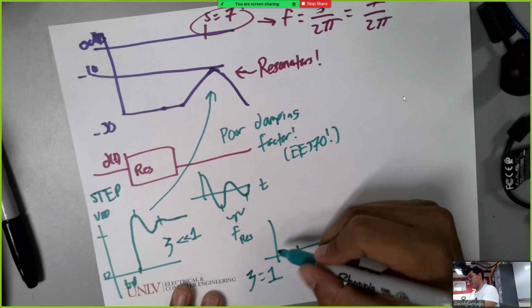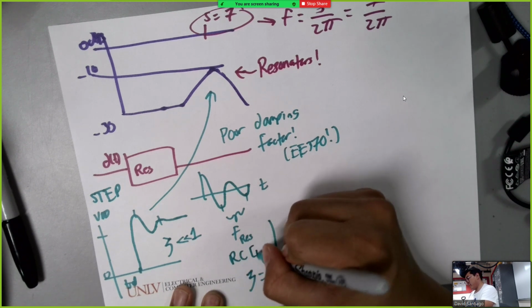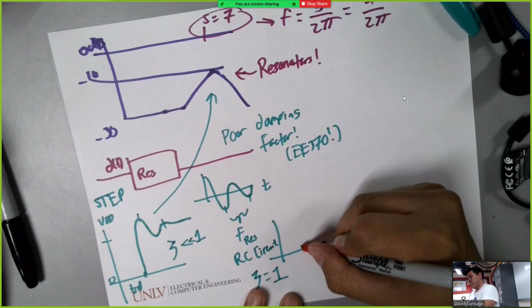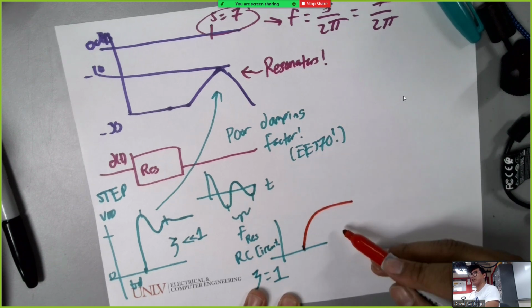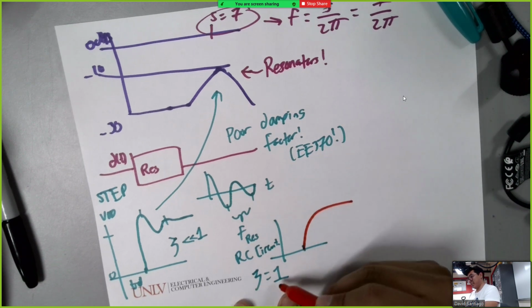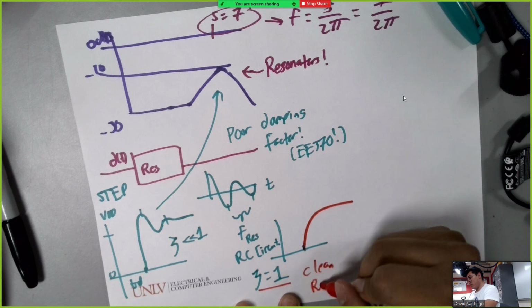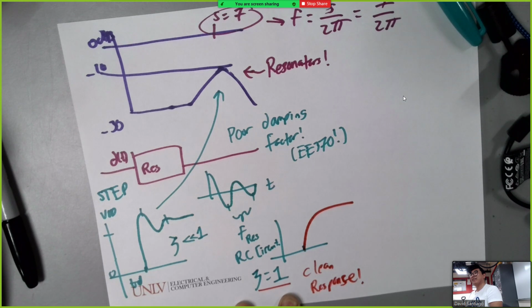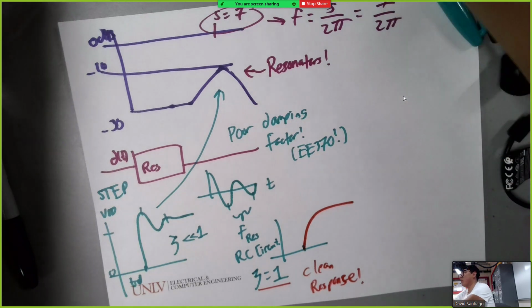But if you do a step response for an RC circuit, you're gonna get the following, where you just get this nice little curve right here. It's really nice. It's really clean. Okay, so that's what you're gonna be experiencing when you build anything real, like an op amp or some cool circuit like this.